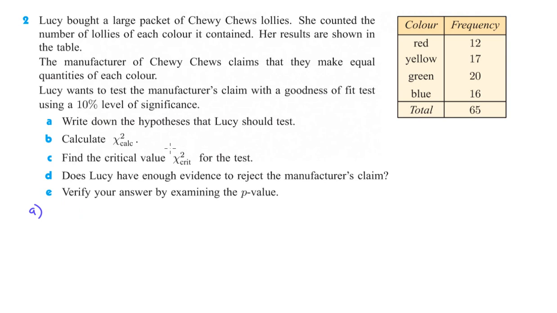Okay, so we're going to have the proportions of all of the lollies, right? So I would say P1 is going to be the proportion of red lollies. So P1 equals the red lollies. I'm just going to go with the color, just red lollies.